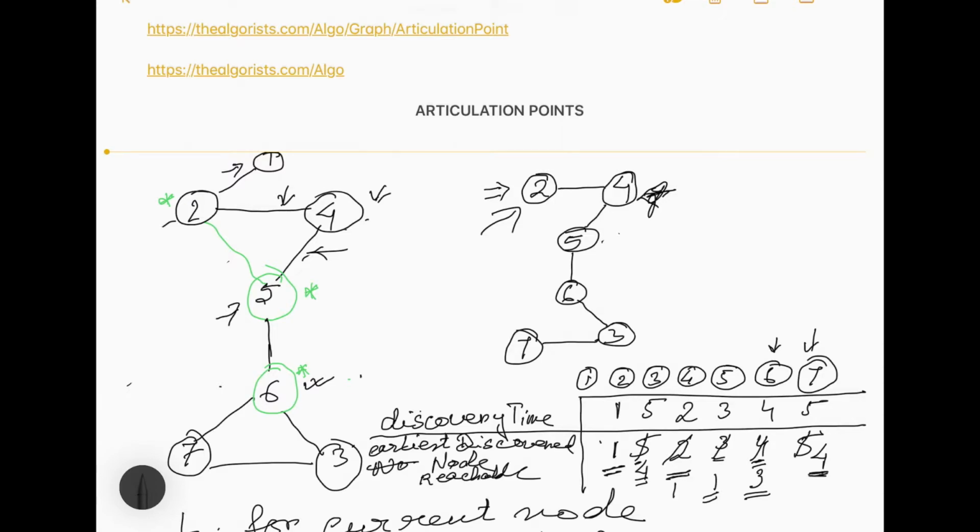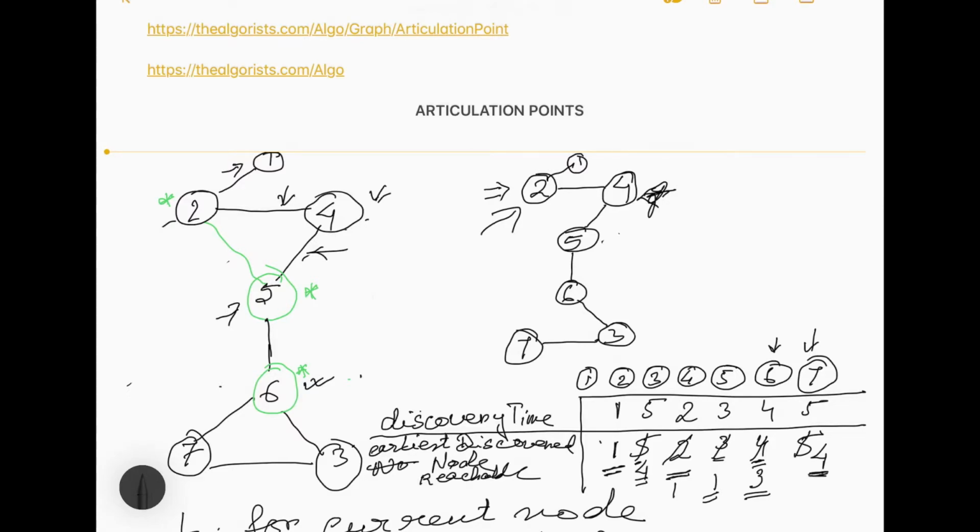When we backtrack to 2, we actually haven't finished doing the DFS on 2. To finish the DFS on 2, we need to visit the other adjacent node, which is 1, which is not visited yet.